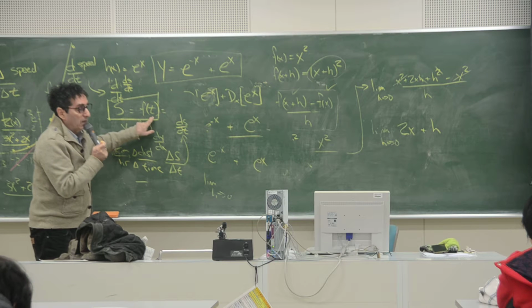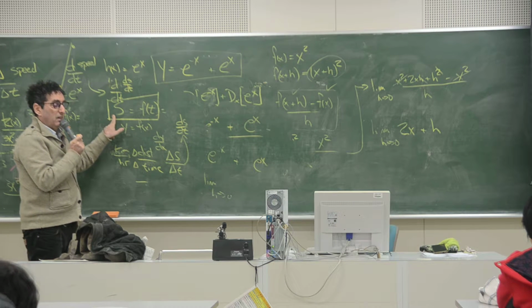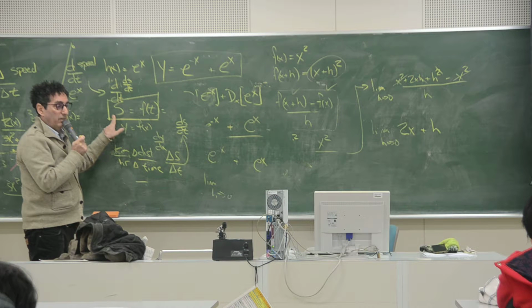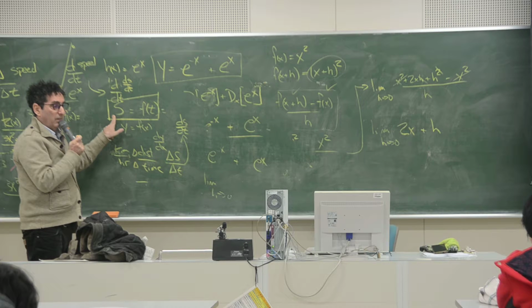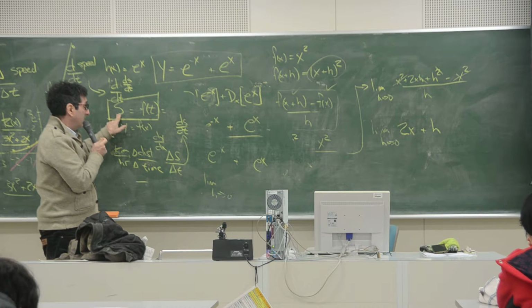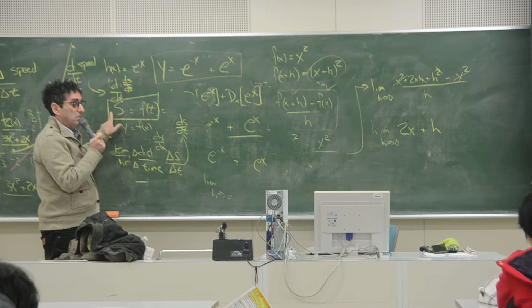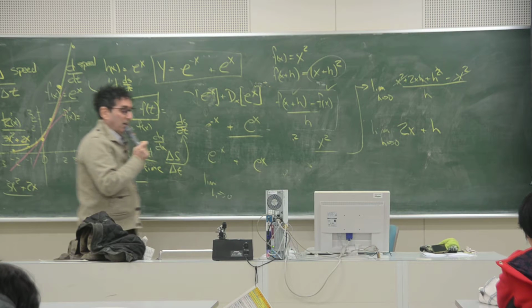Distance as a function of time, the first derivative of that gives you the speed. Right? It's only in the case where you have a function that gives you distance in terms of time. In that case, the first derivative gives you the speed of the object, and the second derivative gives you the acceleration of the object. Okay?